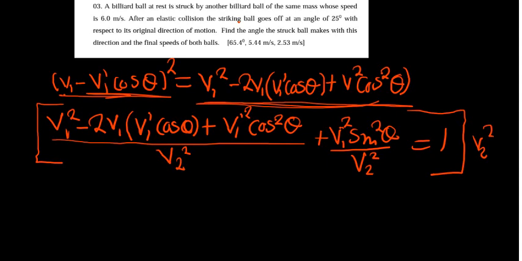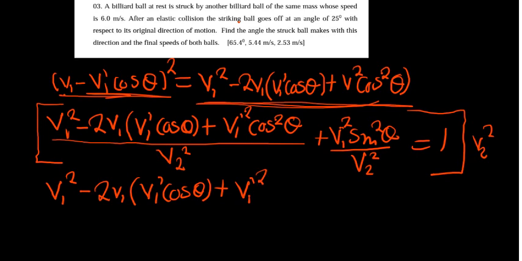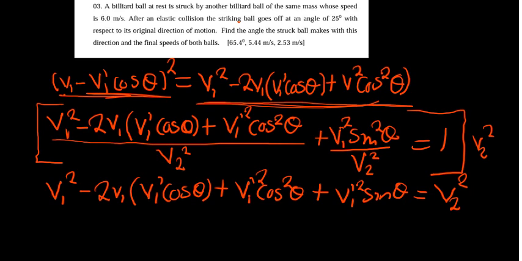So when you multiply by v2 squared, we're going to get v1 squared minus 2 v1 (v1 prime, which is v1 final, cos theta) plus v1 final squared cos squared theta plus v1 final squared sine squared theta is equal to our v2 squared.